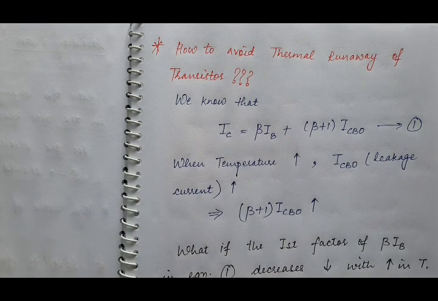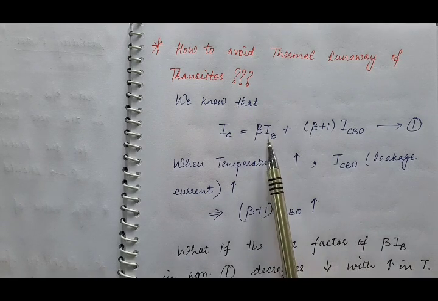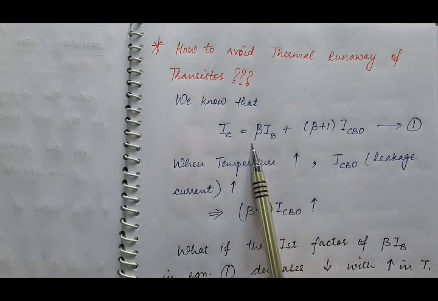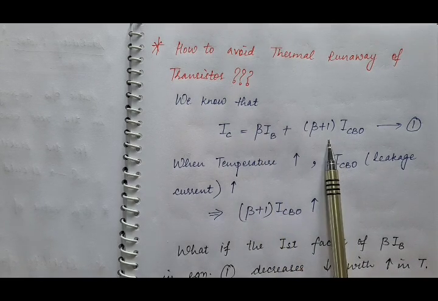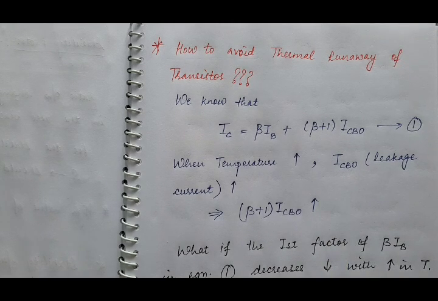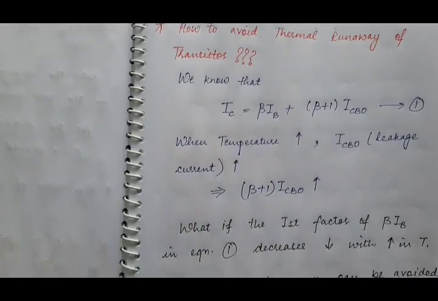We can avoid thermal runaway by decreasing the base current, because if this base current decreases, then this overall factor will decrease, and it will compensate the increase in this factor because of temperature. So in this way we can avoid the thermal runaway of the transistor. So now you can read this.